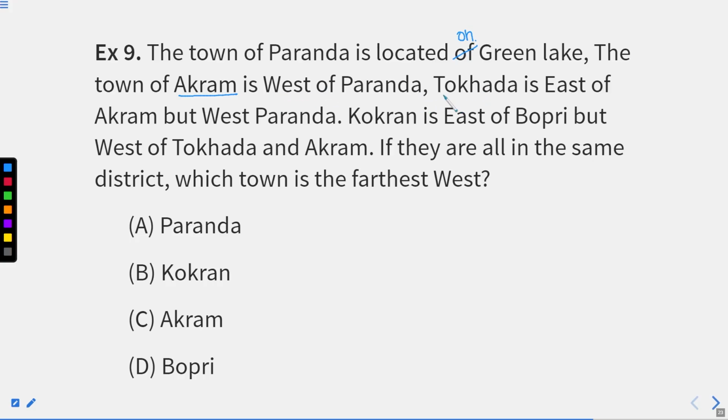Tokadha is east of Akram but west of Paranda, right? Kokaran is east of Bopari but west of Tokadha and Akram, both. Now you have seen certain conditions are given about their positions, that too in the east or west direction, right?